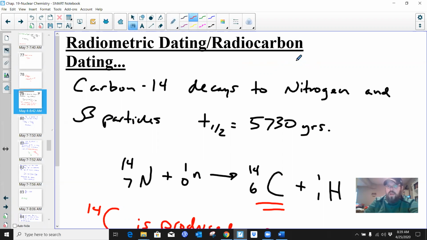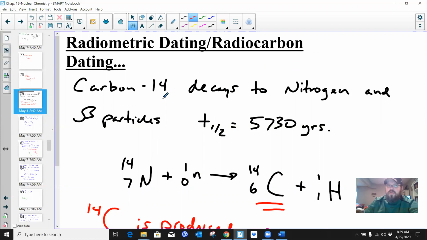It's using radioactive isotopes to be able to ultimately age how old a sample or a substance is. Okay, so we can use the rate of decay and knowing the half-life of these different radioisotopes to determine the age of different substances.